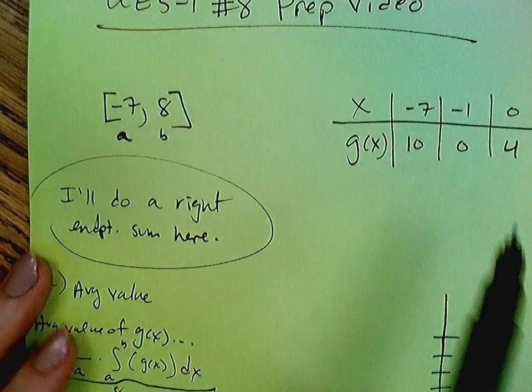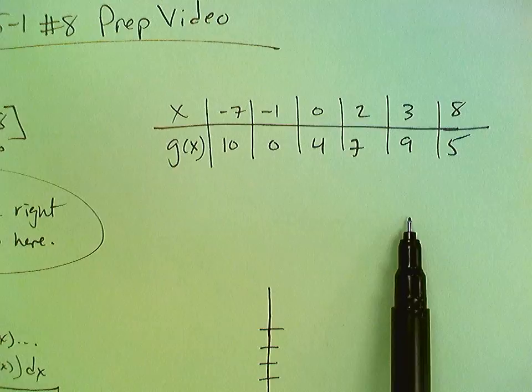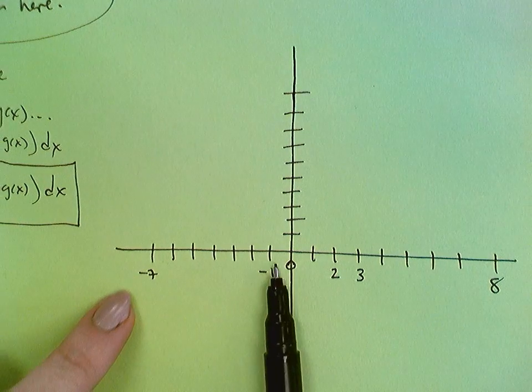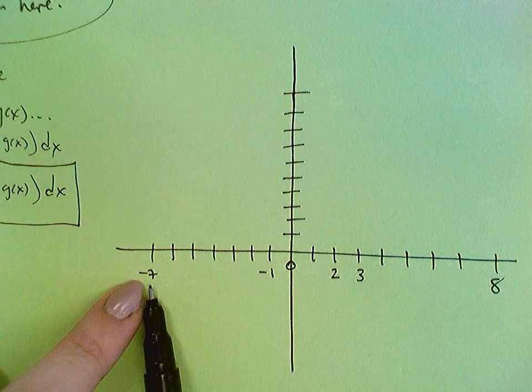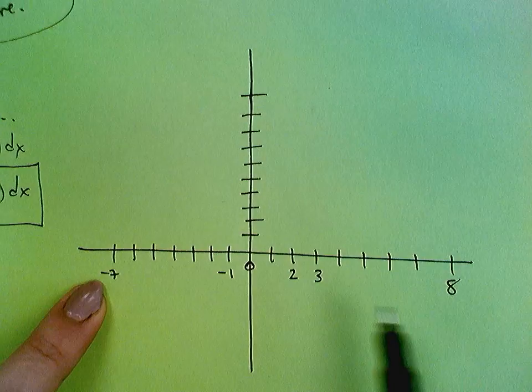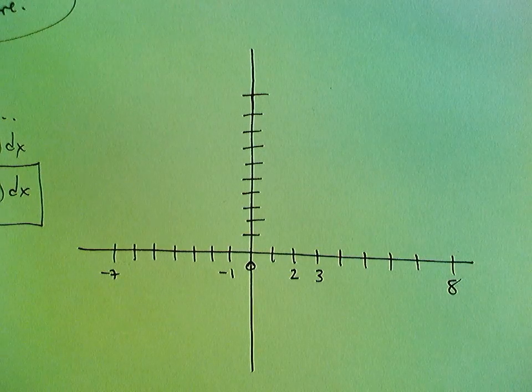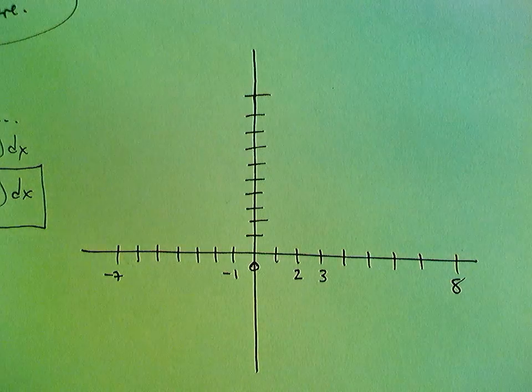All right, so here are the values they're giving me. I'm going to plot them. Right here, I've left myself enough notches. -7 is the leftmost endpoint, 8 is the rightmost, and I put -1, 2, 3, and 0 in between because that's what they're giving me.